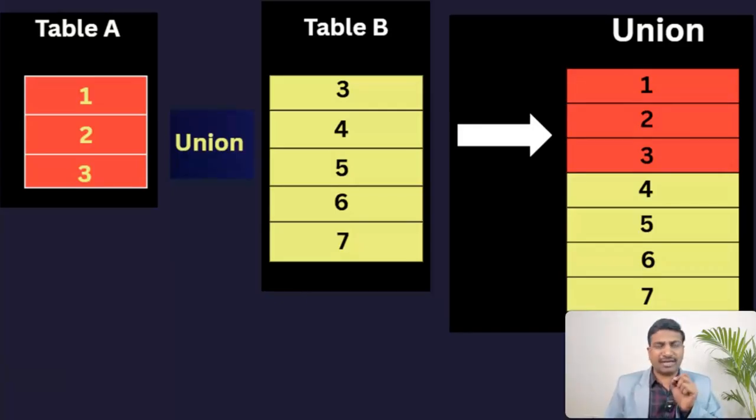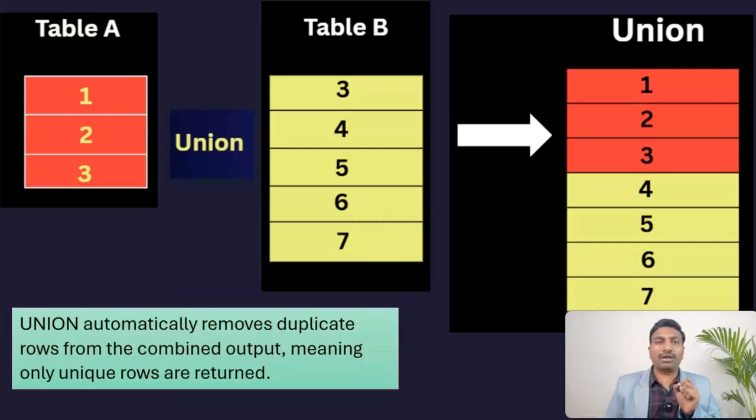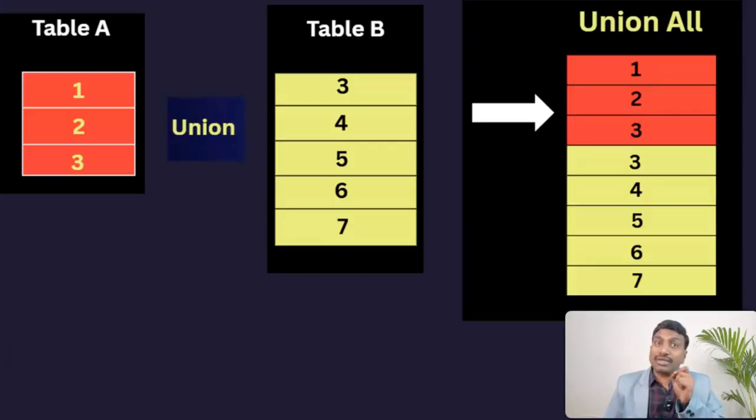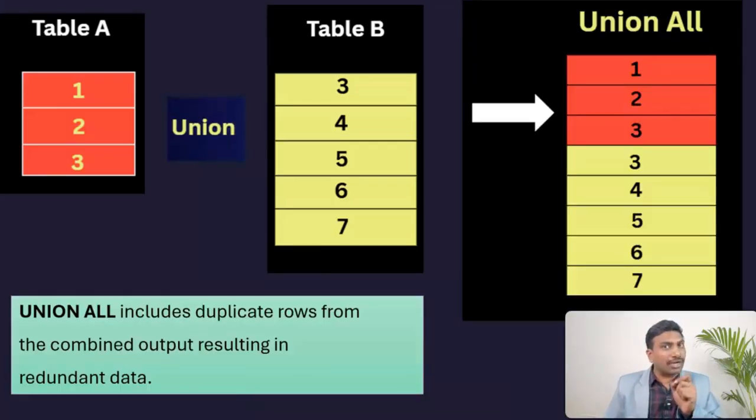Yes, the basic fundamental definition. What about union all? Union gives you the combined output of A and B, ignoring the duplicates. Union all, on the other side, gives you all items including duplicates.